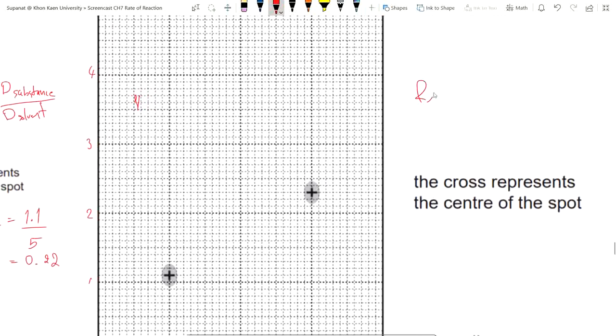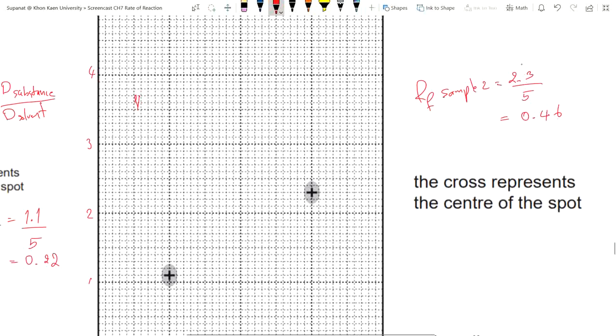The RF of sample 2 equals 2.3 divided by 5, so then it's equal to 0.46, right?